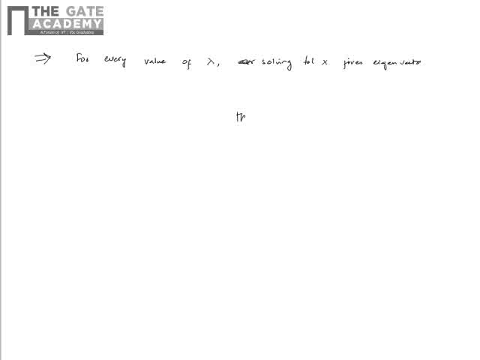So for every value of lambda you will get one eigenvector. That's the point. And there are a couple of points to be noted here, so let me write those down.